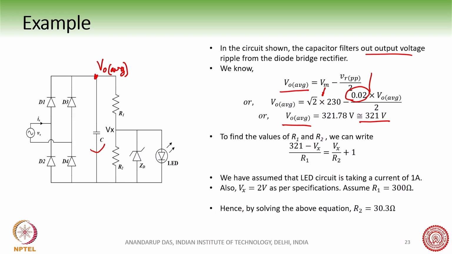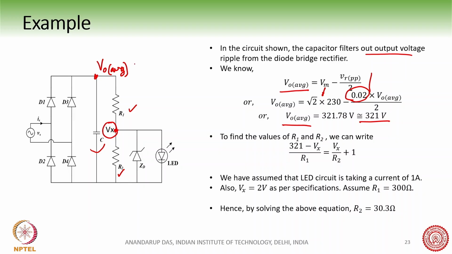Now we have to design or find out the values of these two resistors, R1 and R2. In order to find these values, we will first assume that the voltage at this point is termed as Vx. Once we assume it, we can apply the KCL equation at this Vx.